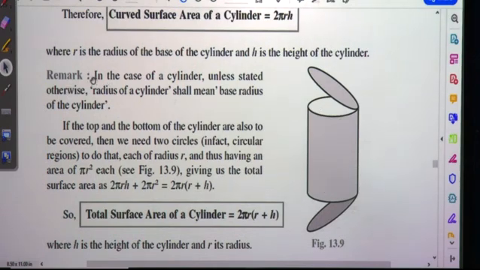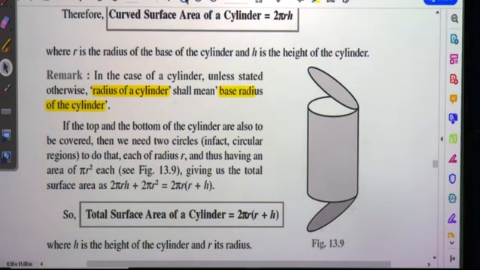There is a remark: in the case of a cylinder, unless stated otherwise, radius of a cylinder shall mean base radius of the cylinder.